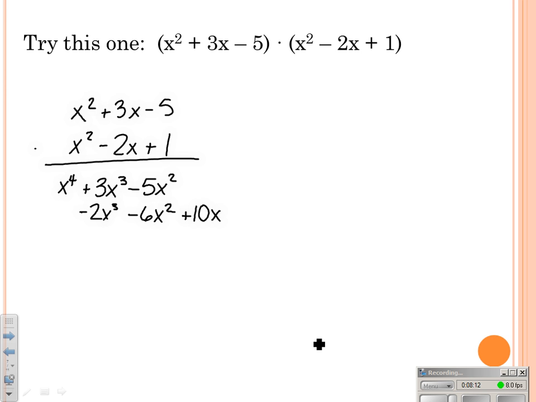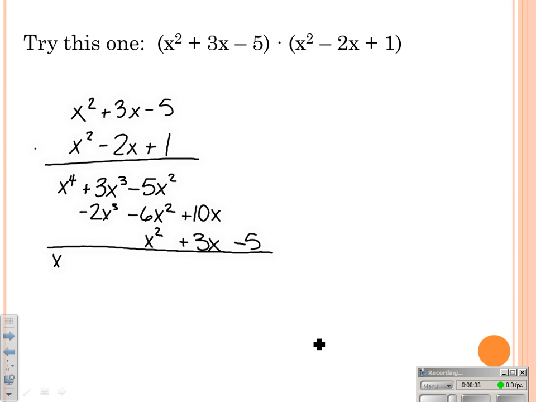Move on to the 1. Slide over another spot. 1 times x squared is x squared. 1 times 3x is positive 3x. And 1 times negative 5 is negative 5. Now all of your terms are lined up, and you can go ahead and combine them just like you would in traditional multiplication with all numbers.